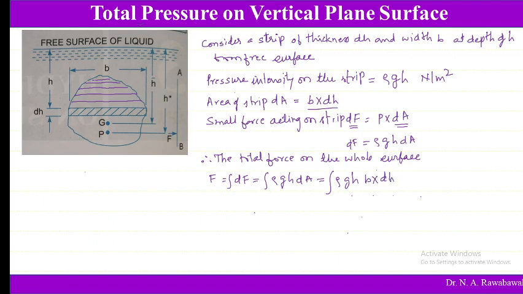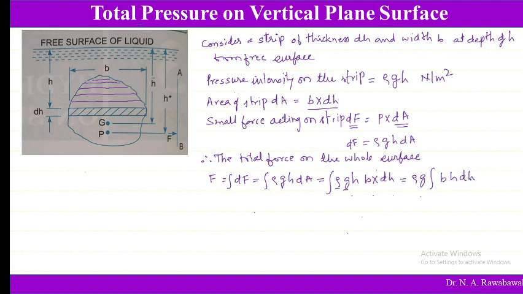So now we can see this rho and g are constants. If we take rho g as the constant, we can write this as rho g integration of b h dh.